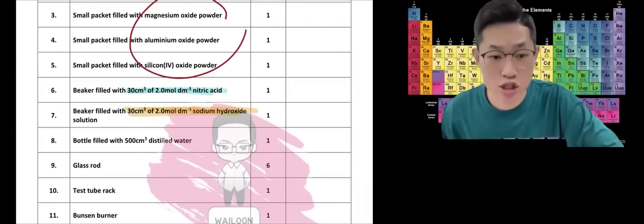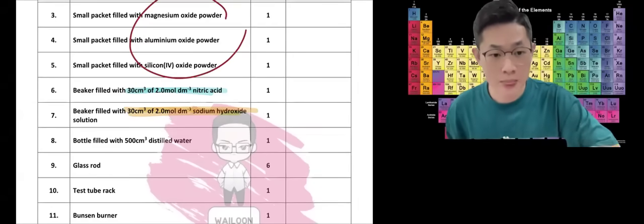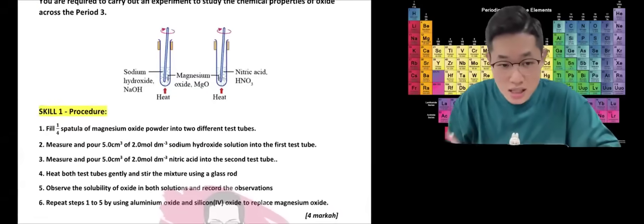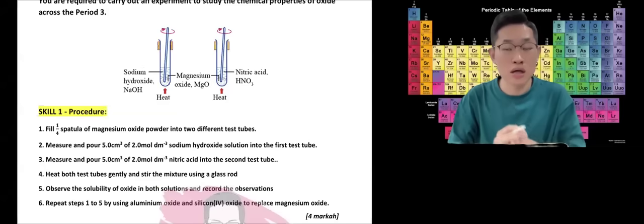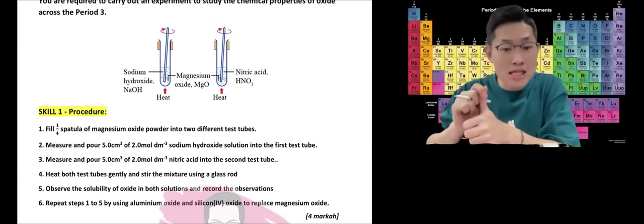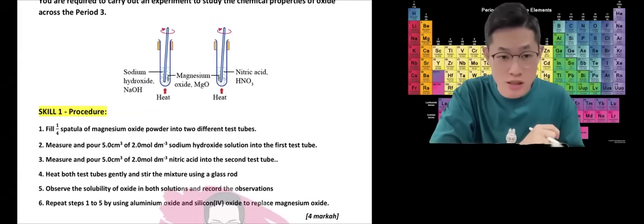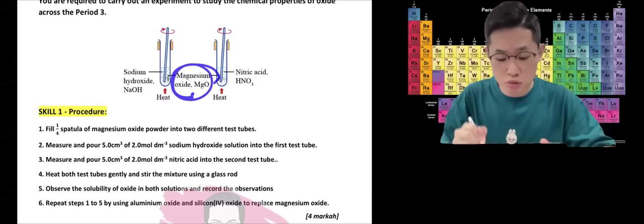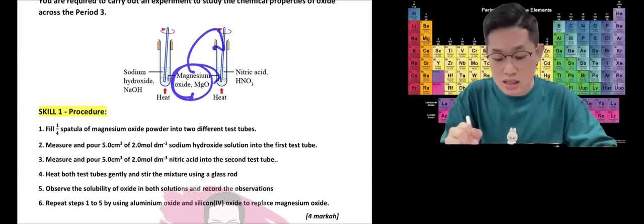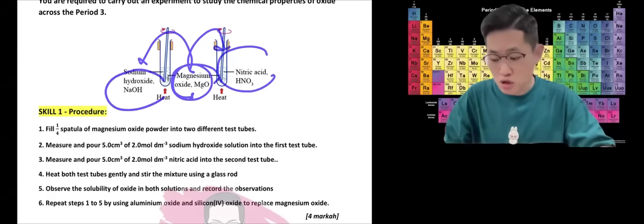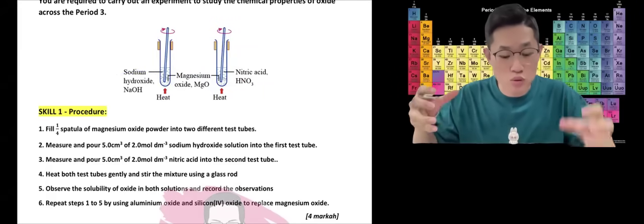Okay, so the experiment is something like this. You will have to react each of the powder with acid and also alkali solution. For example, magnesium oxide will react with acid. It will also react with alkali solution. You'll be given a test tube rack tomorrow.